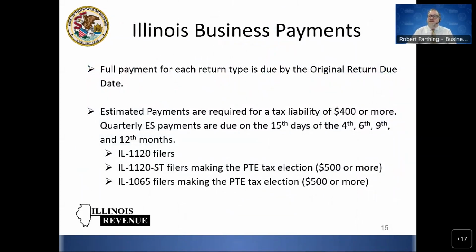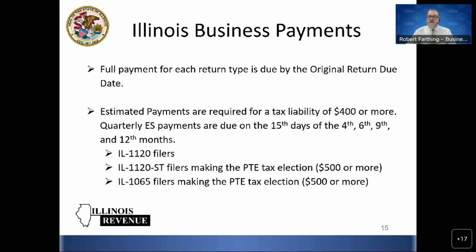For all business return types, full payment is due at the time of the original due date of the return. This is true even if the return is not filed until the extended due date. Additionally, estimated payments are required for income tax liabilities of $400 or more on an IL 1120.